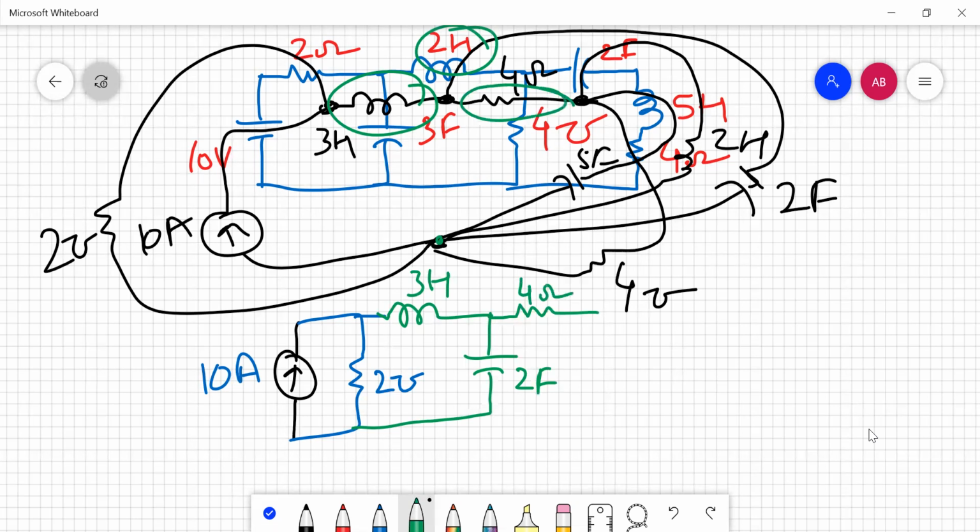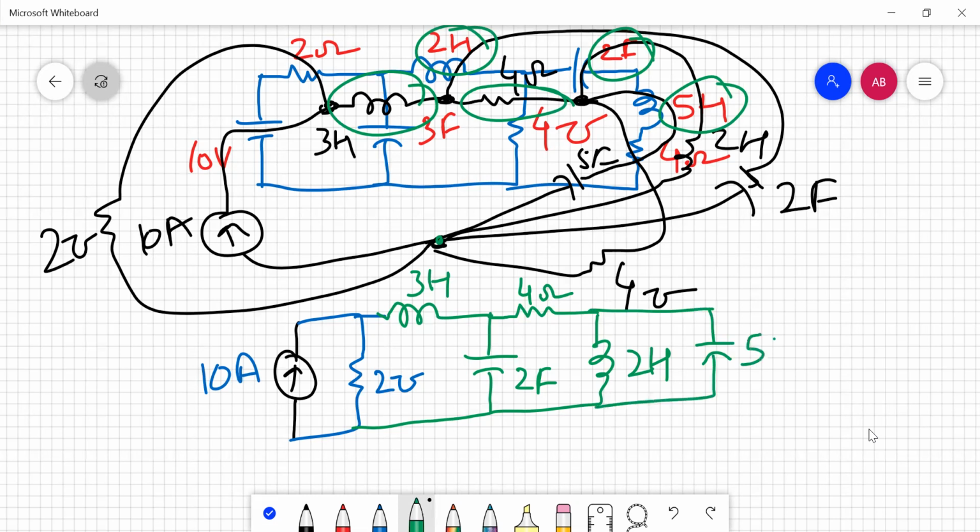And then you have to draw this 2 farads equivalent, and that is your 2 Henries. Then your 5 Henries was there, that got replaced with 5 farad capacitor. And the last one is your 4 ohm that got replaced with the conductance of 4 mhos.